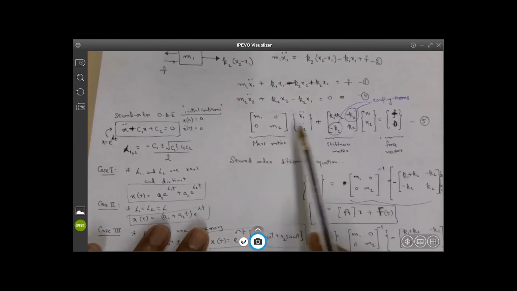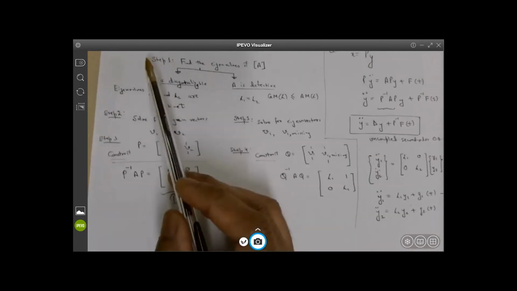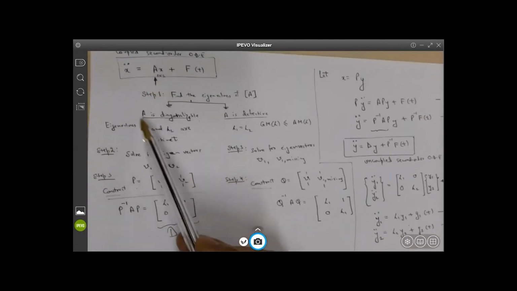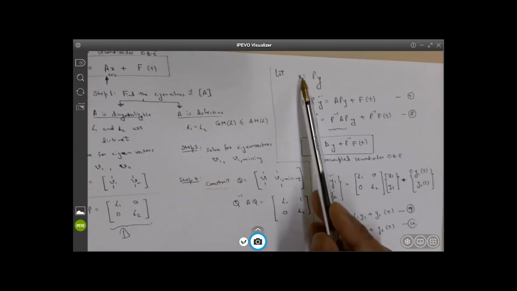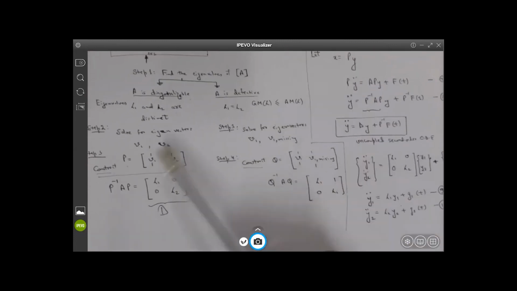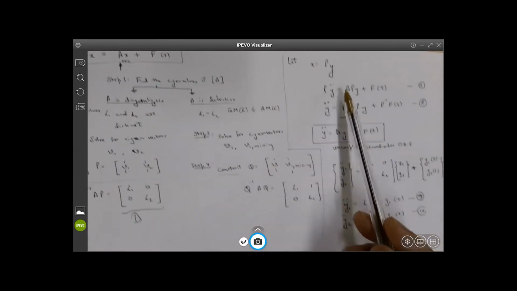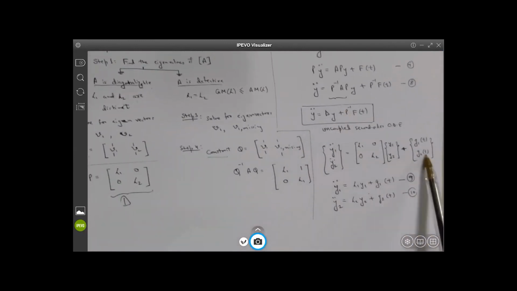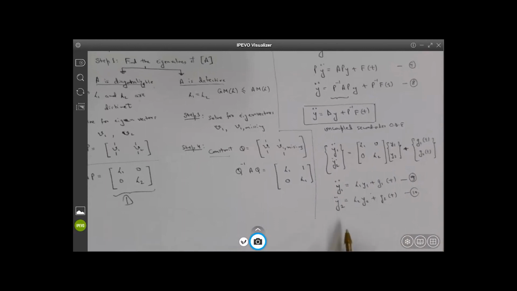So what we actually did was use a technique to diagonalize this matrix A. By diagonalizing it, we substituted x equals Py, where the P matrix is obtained from the eigenvectors of the matrix A. Then we got a diagonalized form, and each individual equation can now be solved as we have seen so far. Let me know if you are following it or if you have any questions.